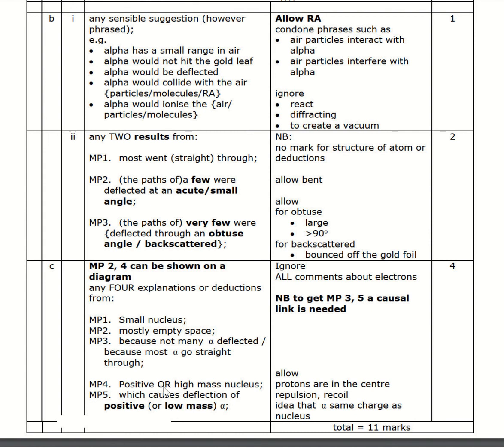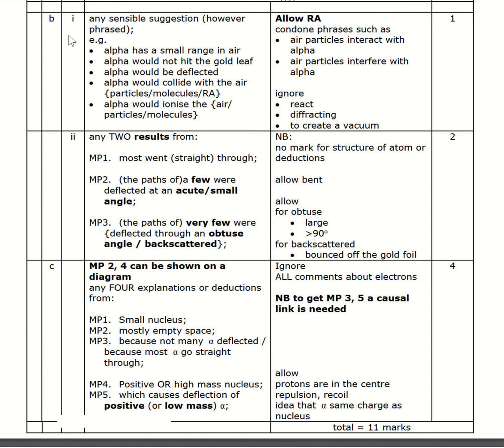So they have a high mass and are positive, and they cause a deflection of alpha that are low mass. So alpha are low mass and alpha are also positive, so they are deflected in this case.